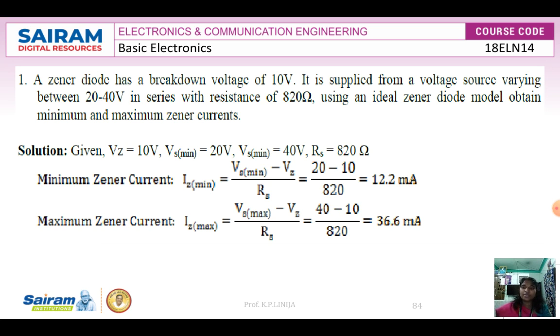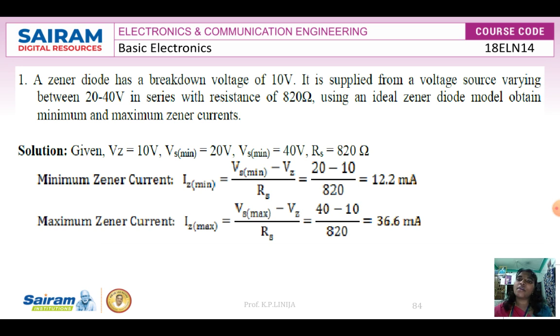Okay, from the given problem, first we want to write the given data. Given data: Zener diode breakdown voltage Vz is 10 volt, the source voltage varies from 20 to 40, so the minimum is 20 and the maximum is 40, and the source resistance is 820 ohm.